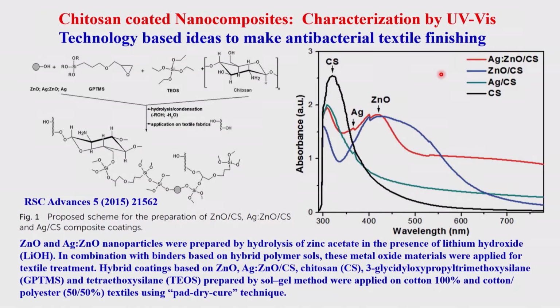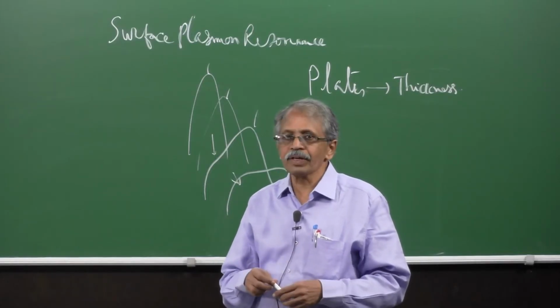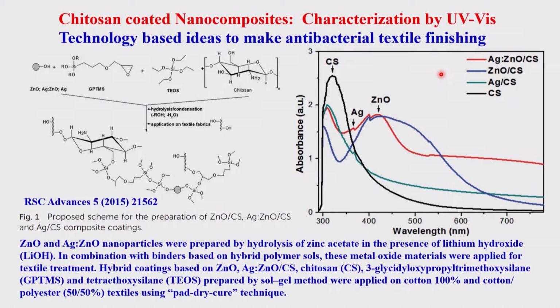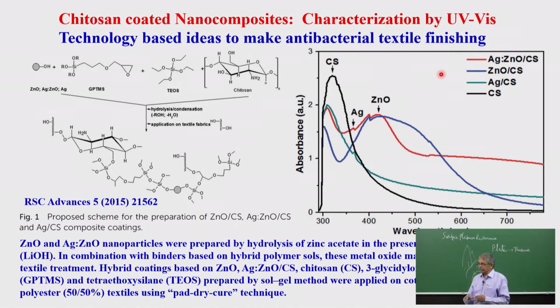Look at some more examples. This is an example. In recent days, during the COVID pandemic time, there was a lot of need for clothes to become antibacterial. So this kind of research helps a lot in making textiles more antibacterial. What you do is make a coating on the textile.